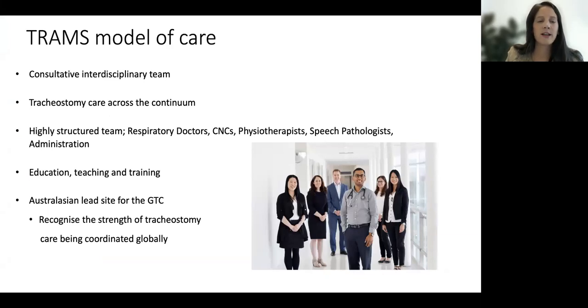We organise and coordinate policies and procedures and provide governance in terms of tracheostomy care. We're a very highly structured team that consists of respiratory physicians, clinical nurse consultants, physiotherapists and speech pathologists, and we collaborate broadly with all of our specialty teams who see tracheostomies across the organisation.